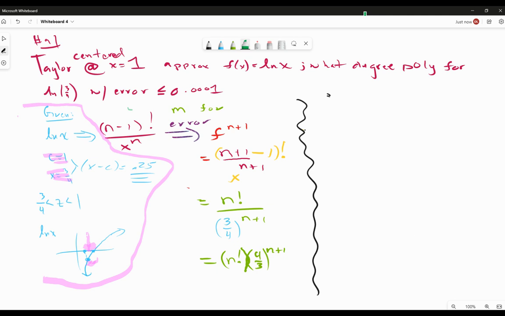Since I already know these things, I need to come up with my derivative plan. There's a -1 part to the front of this, but we don't really worry about it because we want the absolute value.